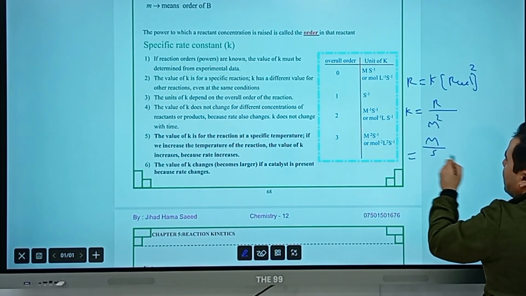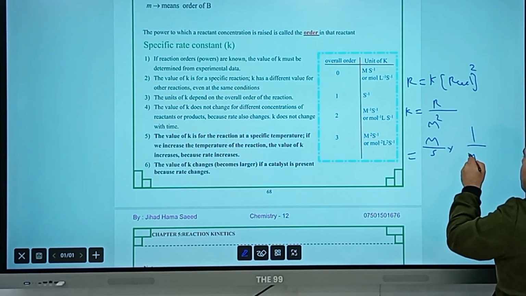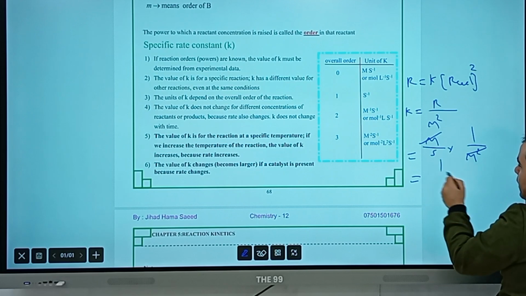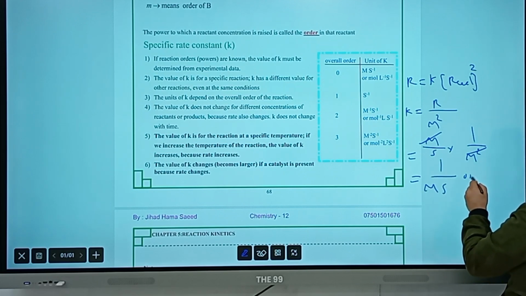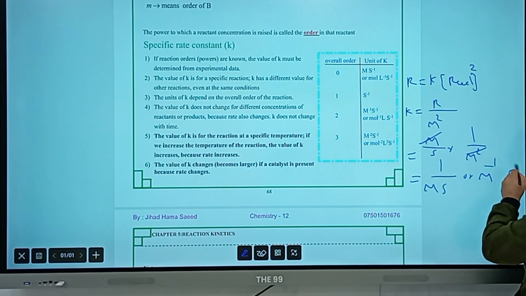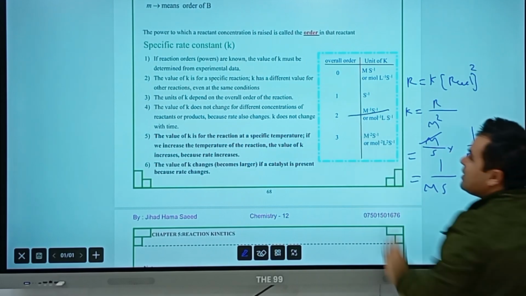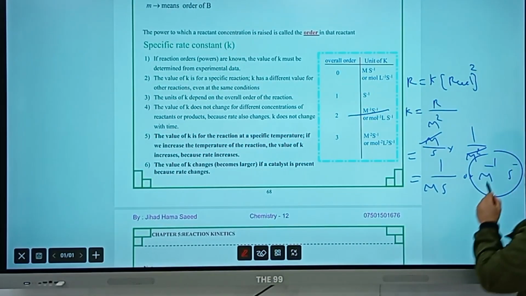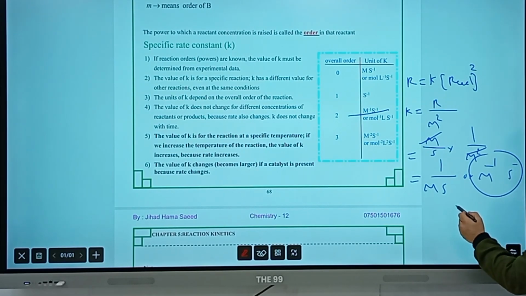So molarity per second, multiply 1 over molarity square. 1 molarity with 1 molarity cancel out, you'll get 1 over M s, or M minus 1 s minus 1. Or instead of molarity, just write down mole per liter.